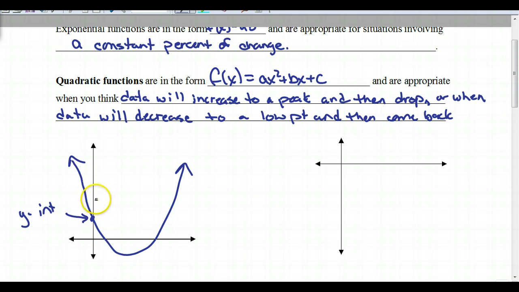That point is always at (0, c). And I'm talking about the c that you see right here. No pun intended. C that you see. Okay? The x-intercepts are right here. So I want you to label those as x-ints.